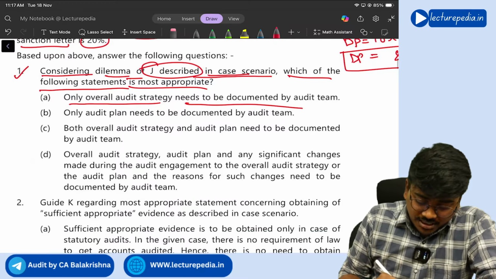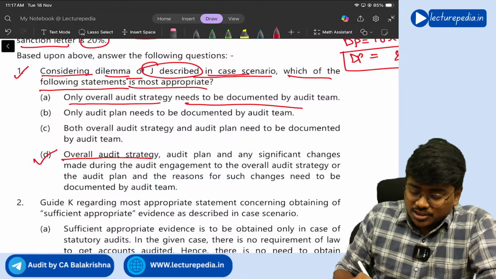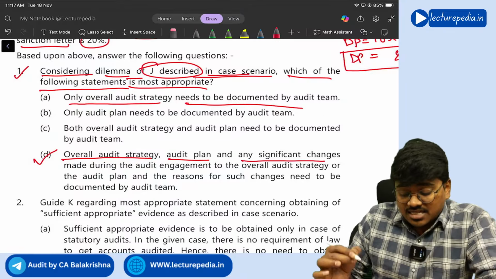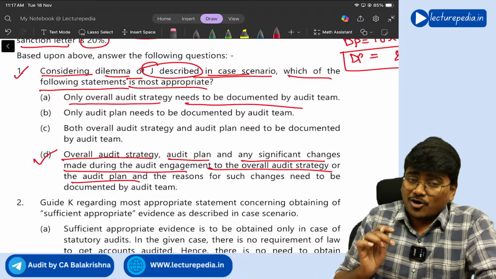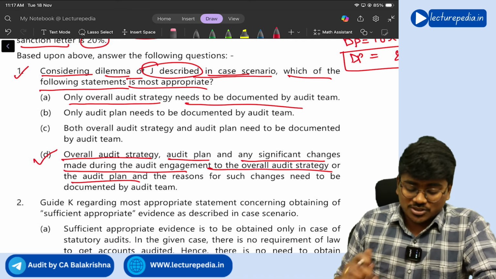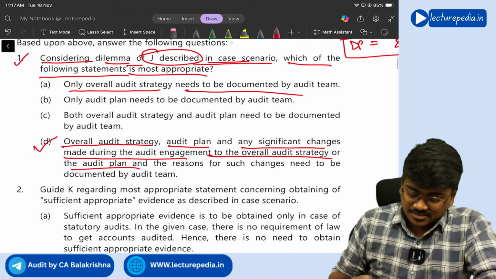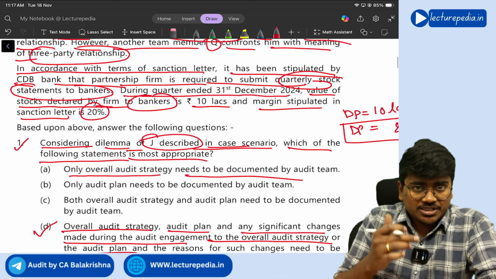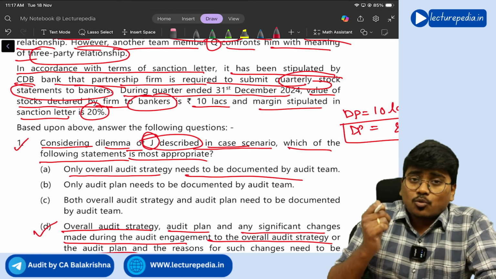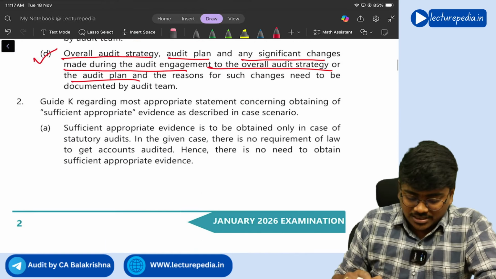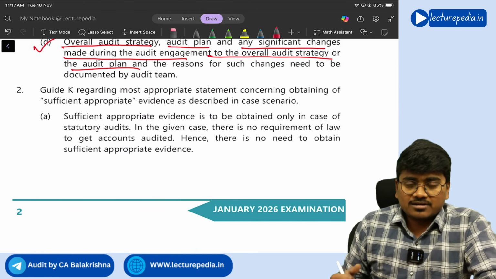So if you see option number D, overall audit strategy, audit plan, and any significant changes made during the audit engagement to overall audit strategy or the audit plan, all these things you need to document. So option D is the correct answer. Next, if you see in the question, in the case scenario, J is having dilemma about what things have to be documented, right, with respect to audit plan and the strategy.